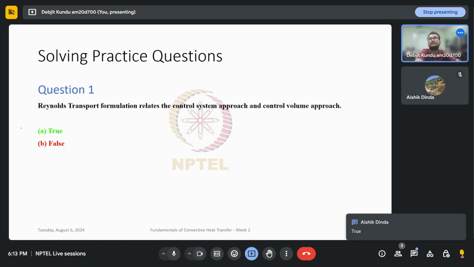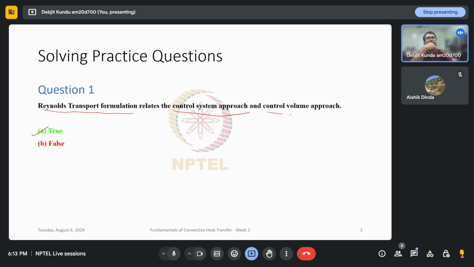So let's have a look at the solution. It is indeed true. That's the primary purpose of the Reynolds transport formulation, to relate the control system approach to the control volume approach. In its fundamental form, the Reynolds transport theorem looks something like this. We have the derivative of some extrinsic property N for a system, which is equated with the control volume side of things, which goes like this.